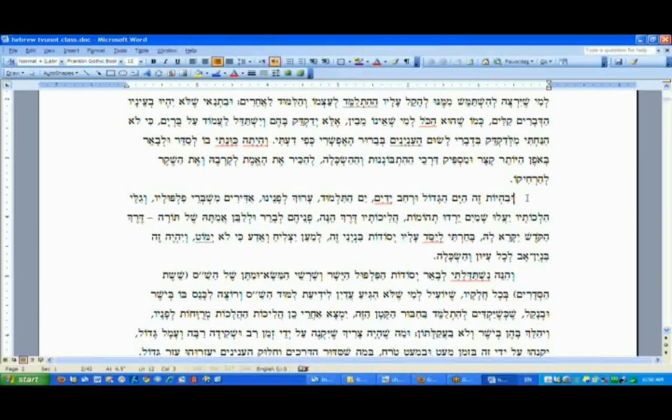Vegale halachasav yalu shamayim v'yordu tehomos. The waves of its halachas reach to the heavens and plummet to the depths of the universe. Halichos derachena, that's its way, lifnei lebarer le'amita shel Torah.